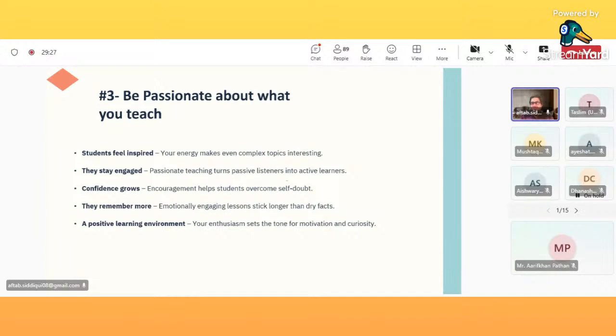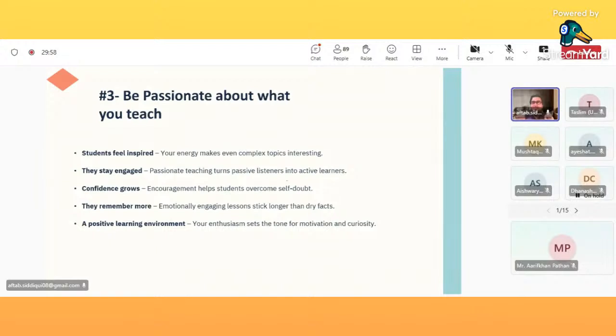It's very robotic language. And let's say I enter the class and I say, "Hi, this is Aftab Siddiqui. How are you? Are you doing well today?" It gives a connection. You speak the same thing that you speak day by day, but your way of speaking, your tonality, your body language communicates a lot to the students. Passion is contagious.